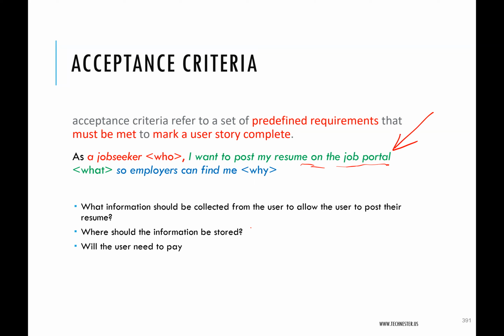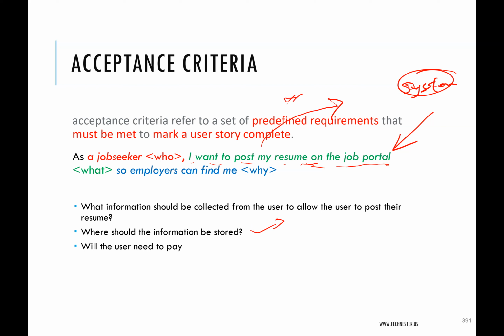The acceptance criteria should tell the developer where they will store the information. So the user wants to post a resume. The developer has to create a way for them to post this resume on the portal. So that means the resume is leaving the user and is going to the system that the developer is building.